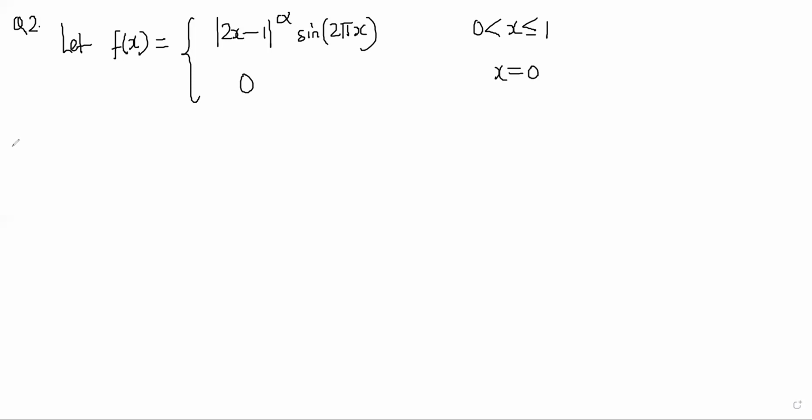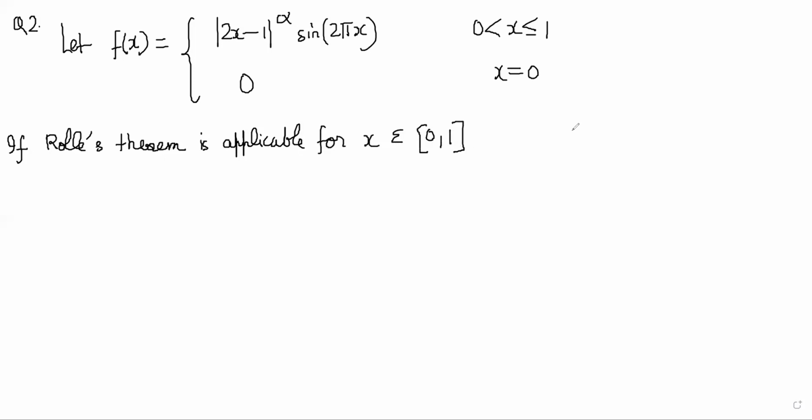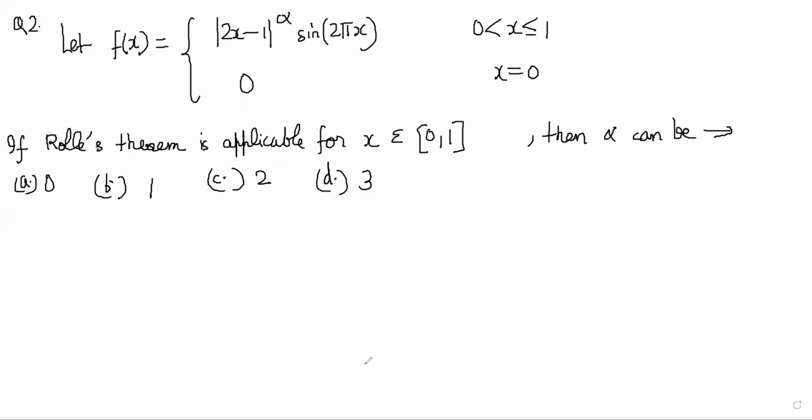The question is saying if Rolle's theorem is applicable for x belongs to 0 to 1, then alpha can be what? Option A is 0, B is 1, C is 2, D is 3.